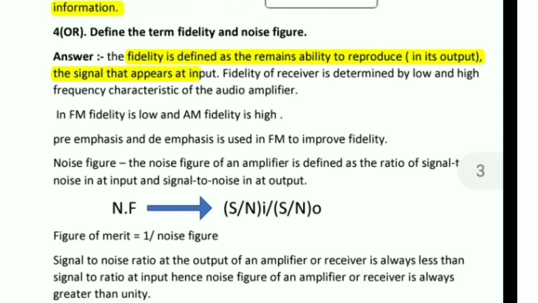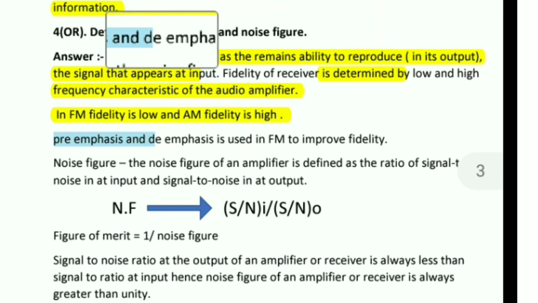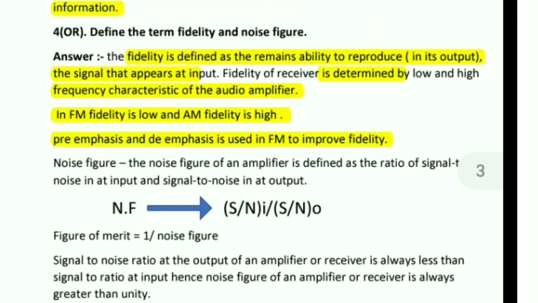Fidelity of a receiver is determined by the low and high frequency characteristics of the audio amplifier. In FM, fidelity is high and in AM fidelity is low. Pre-emphasis and de-emphasis are used in receivers to improve fidelity.